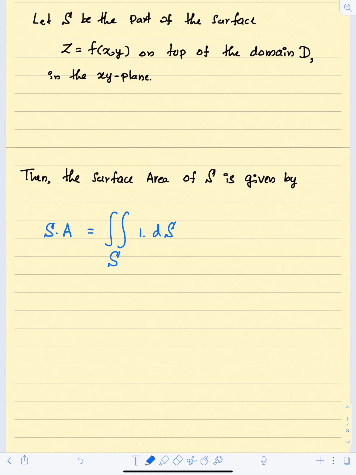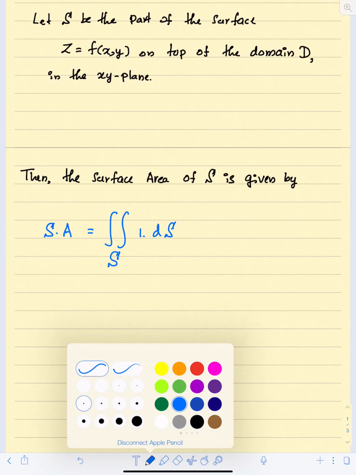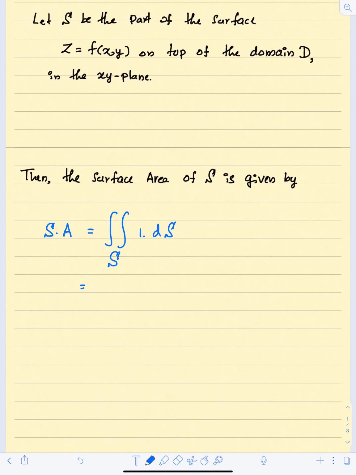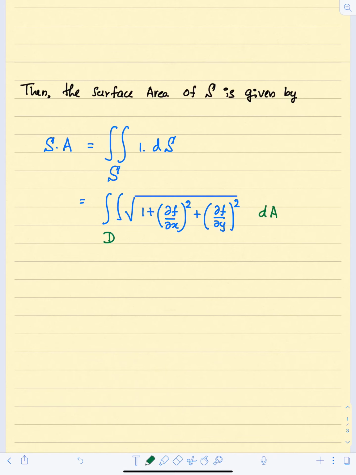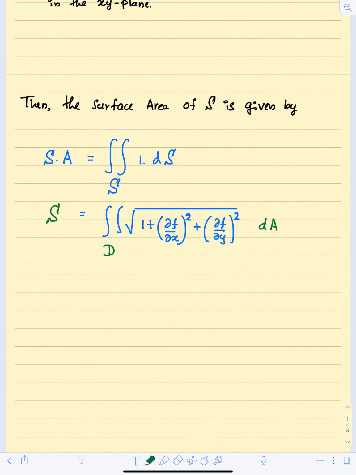Now remember, dS is an area element on the surface S. Okay, now this equals the double integral of the square root of 1 plus partial f of partial x squared plus partial f of partial y squared dA over the domain D. So this is the way we calculate the surface area.